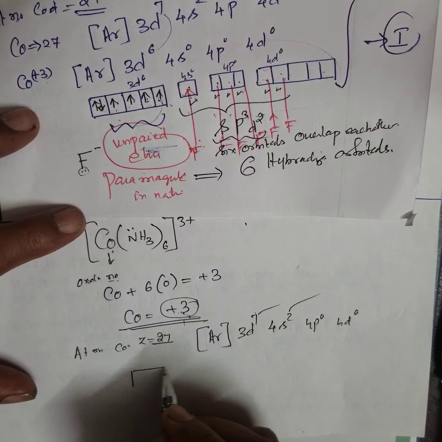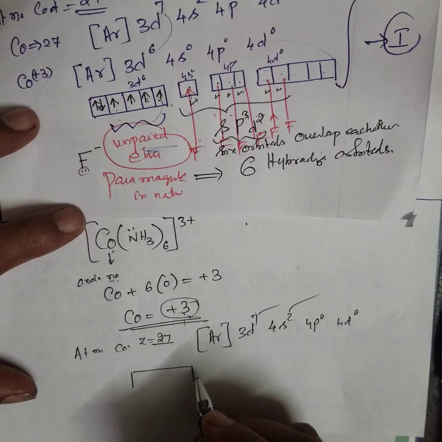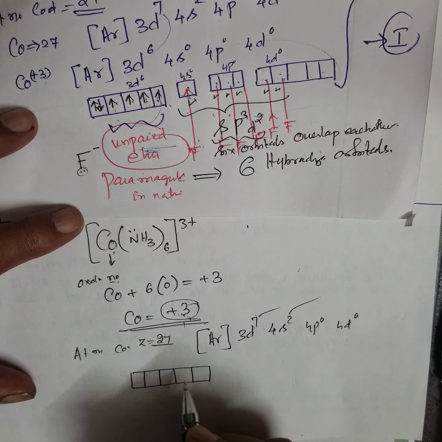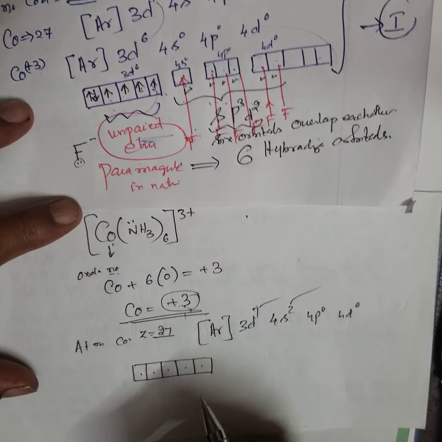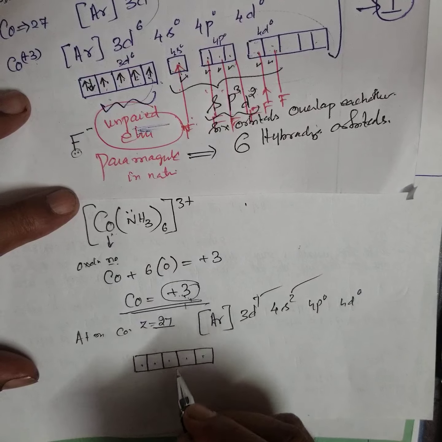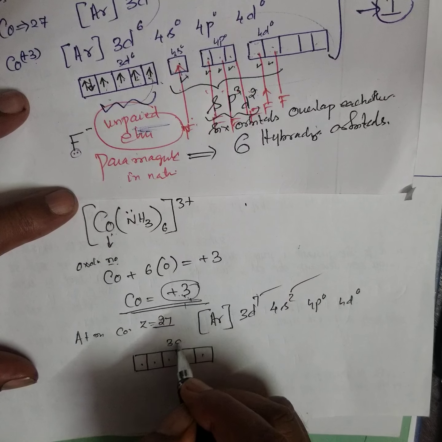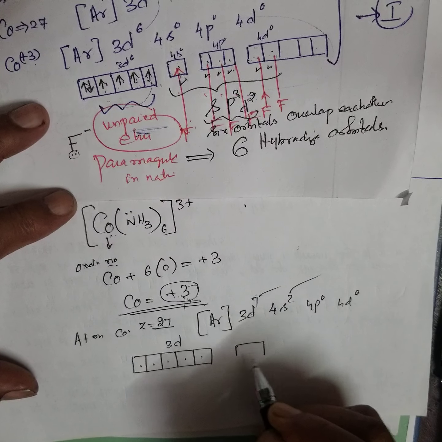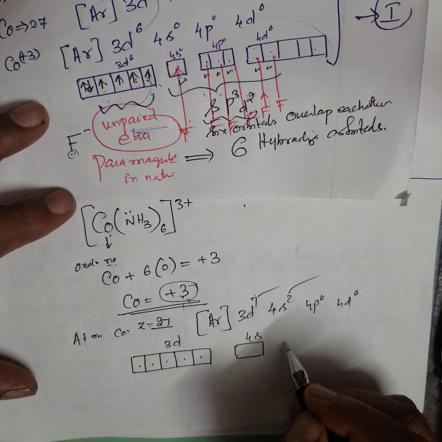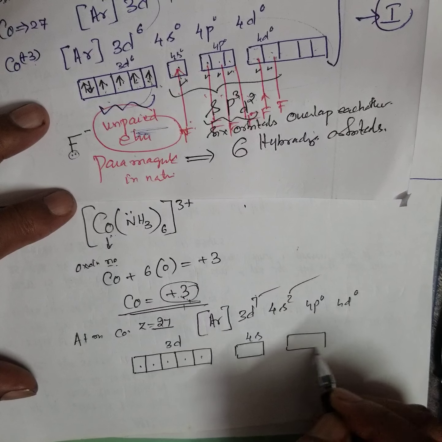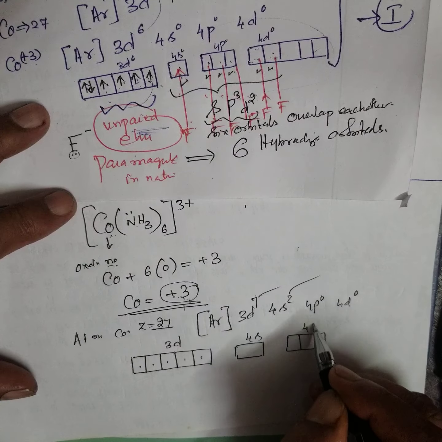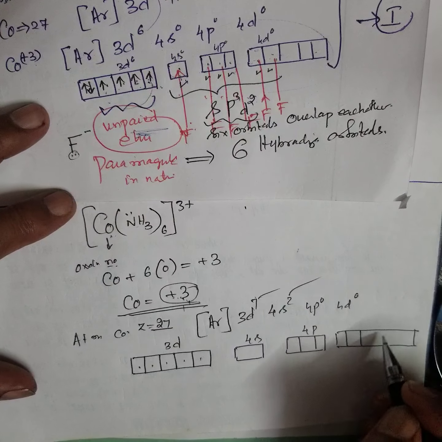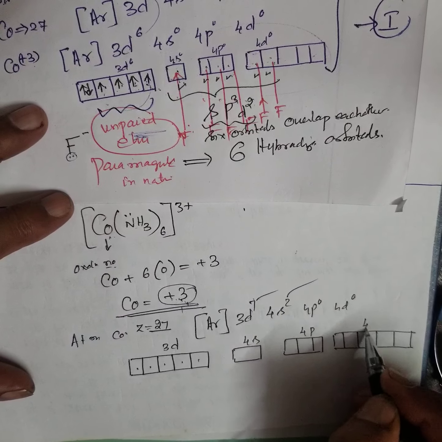You are going to have the d orbital, which contains 5 orbitals, that is 3d orbitals, and next 4s, 4p and 4d.